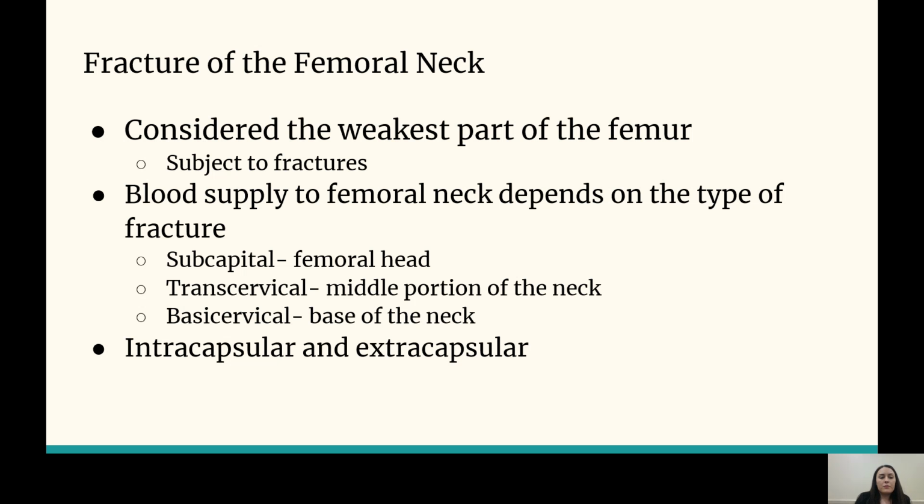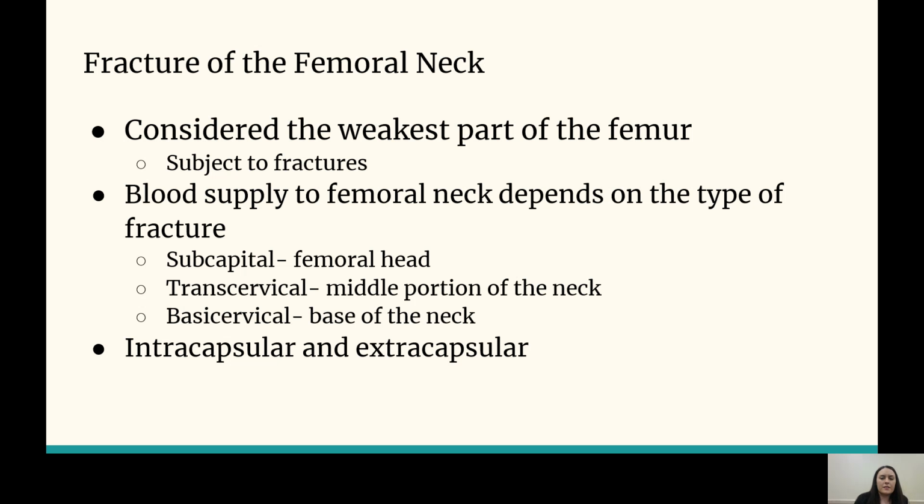The subcapital and the transcervical are considered to be intracapsular fractures, meaning that's where the fracture is located, directly in that hip joint. And then the basicervical fracture is more of an extracapsular fracture.